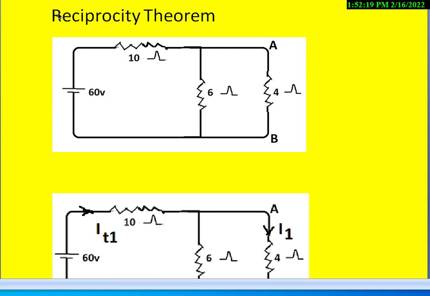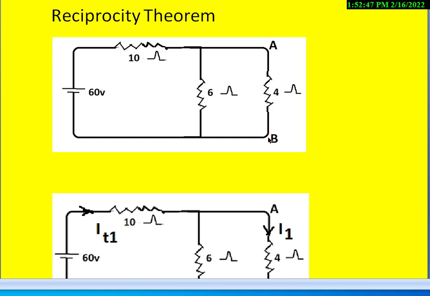Let me consider a problem based on reciprocity theorem. The reciprocity theorem says that with respect to any branch, the ratio of the excitation to the response is same when they are interchanged.